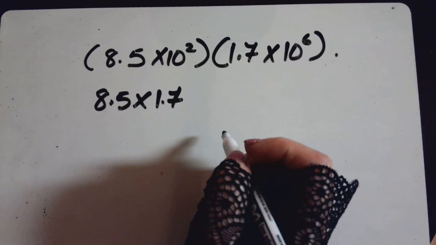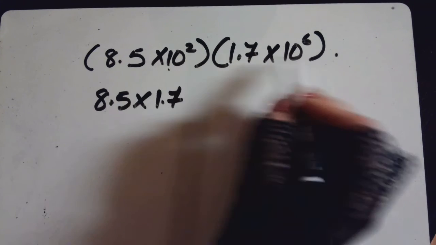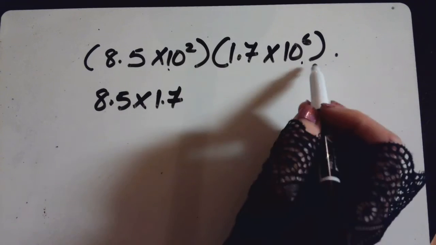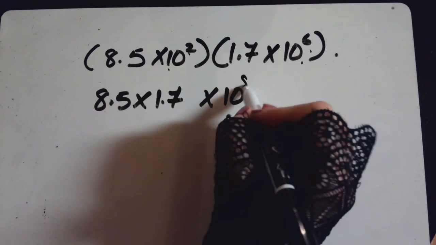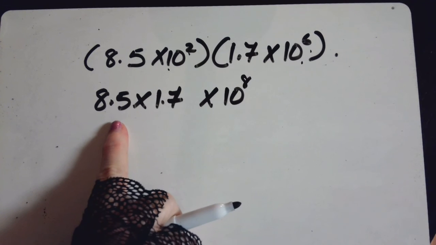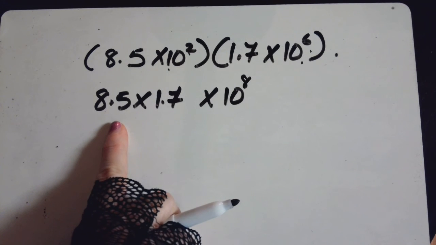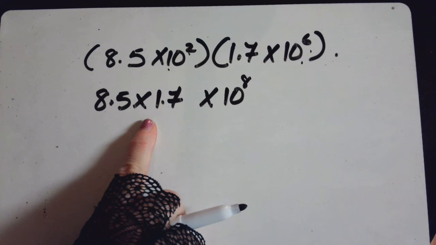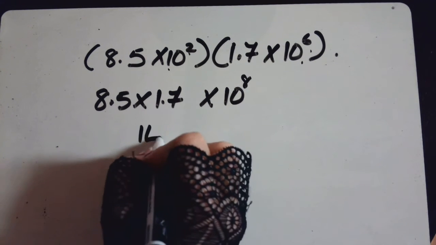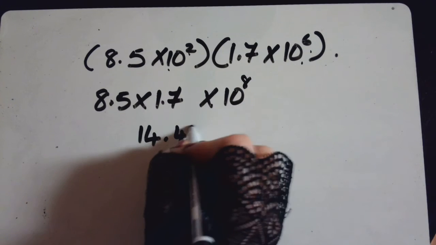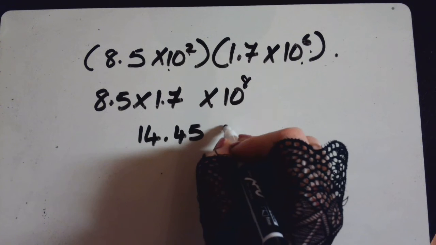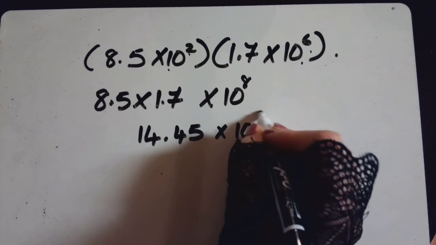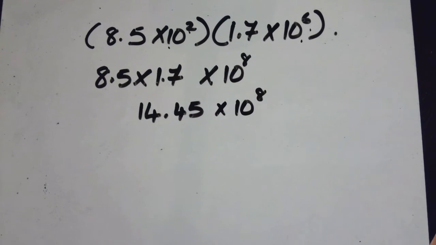Those are just regular numbers, and then we know that we add when we multiply bases times 10. 2 plus 6 is 8 for right now. So on your calculator, you're going to take 8.5 and multiply it by 1.7. When you do that, you get 14.45, times 10 to the 8 right now.